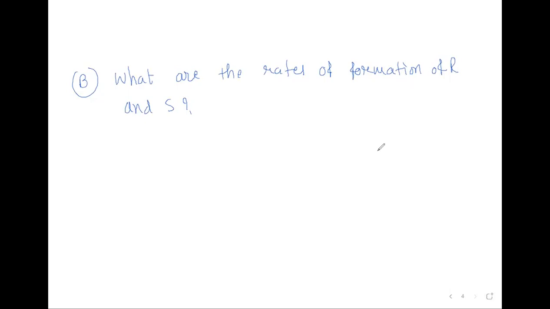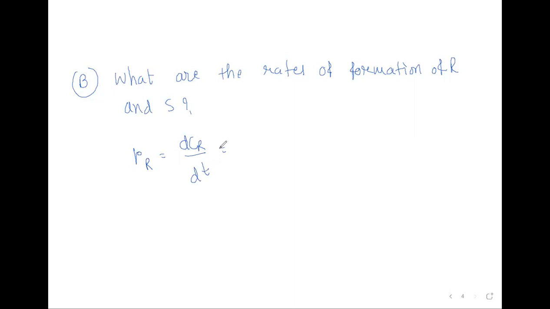How can you find out the rate of formation of R? Now it does not come minus, it comes plus. Why? Because R and S are the products. So dCr divided by dt.